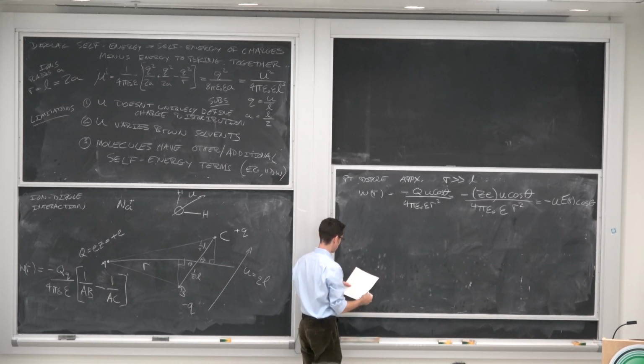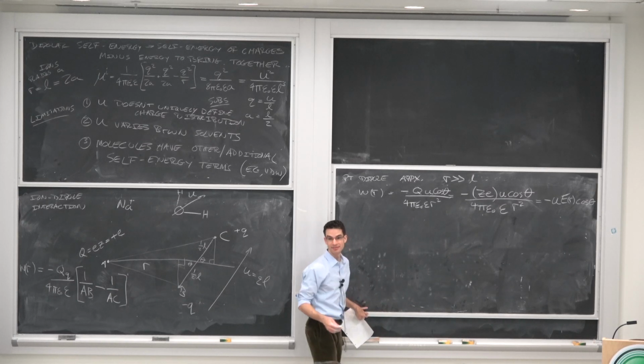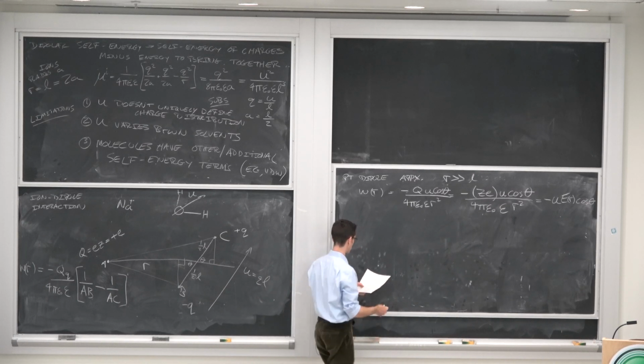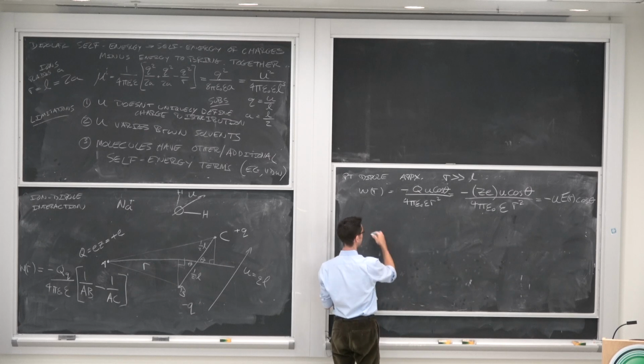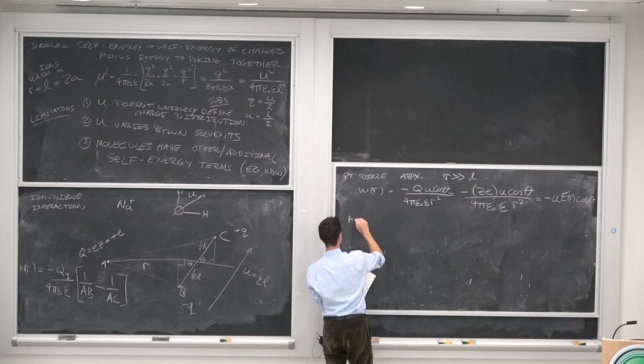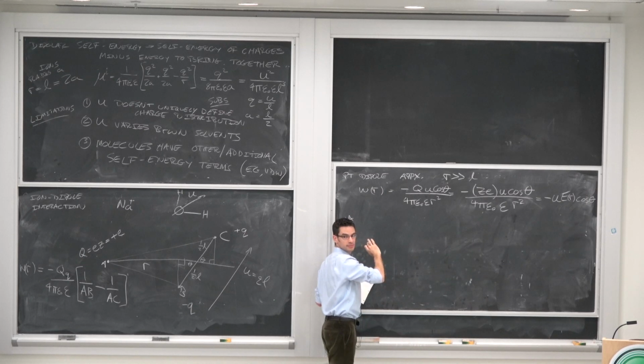In this case, convince yourself that this is true, maximum attraction occurs with the dipole moment vector parallel to the electric field vector.